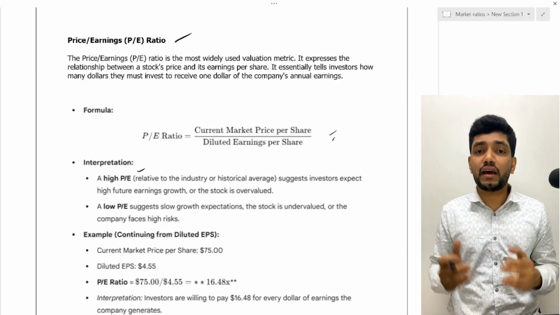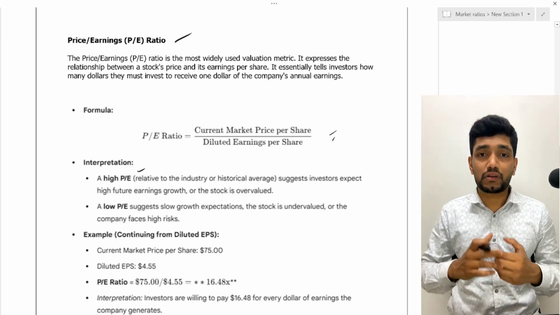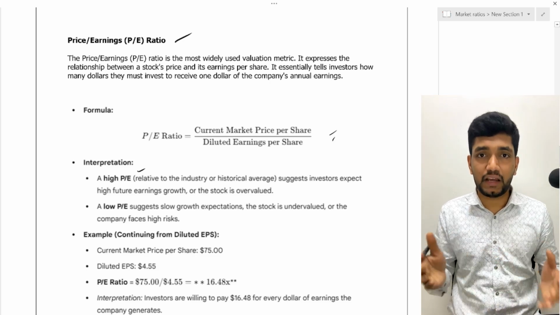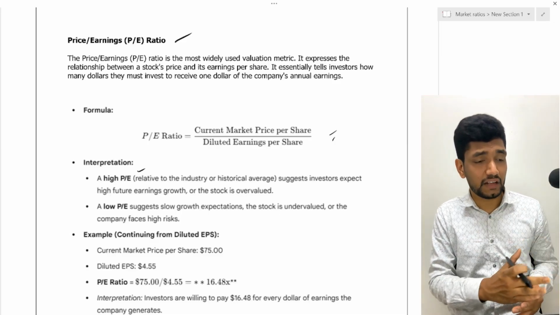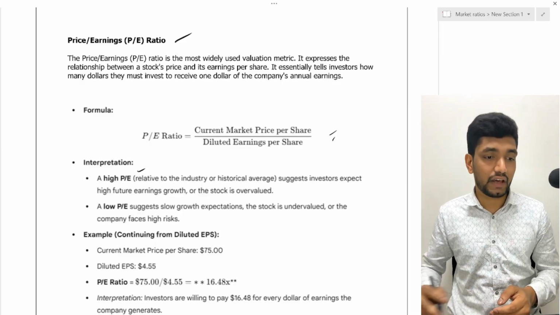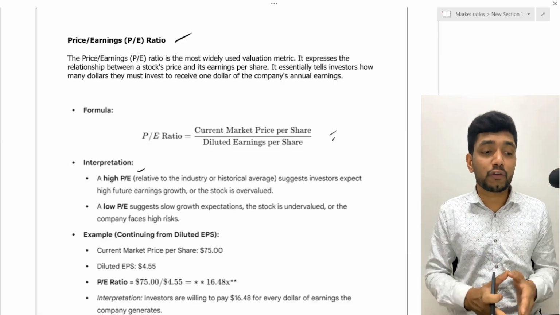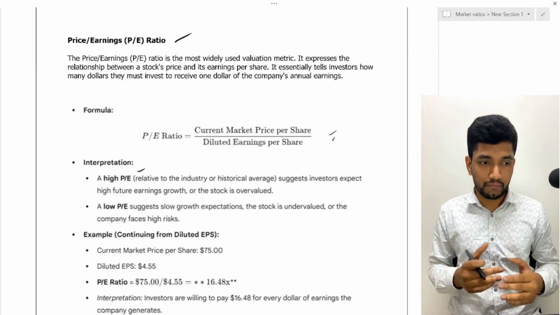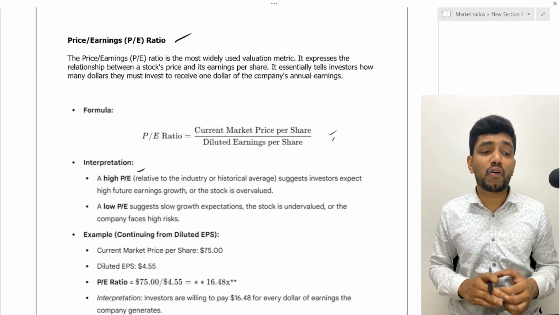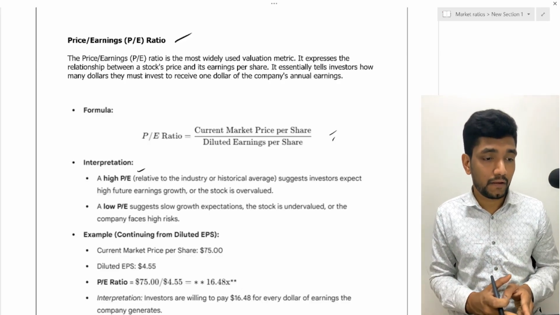If the P/E ratio is high, there are two possibilities we have to analyze deeply before making an investment decision. The first one is investors expecting more future return, that's why they are willing to pay more for the stock. Or the stock is overvalued, maybe due to some speculation effect.